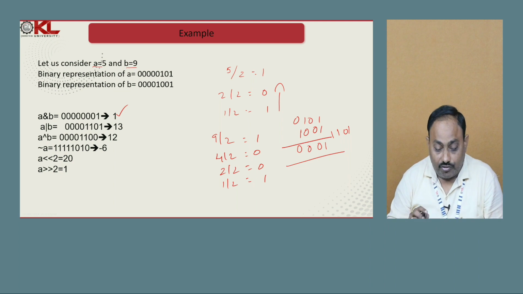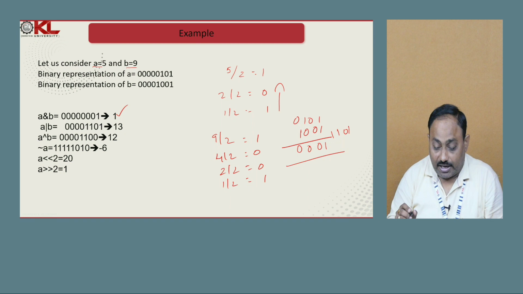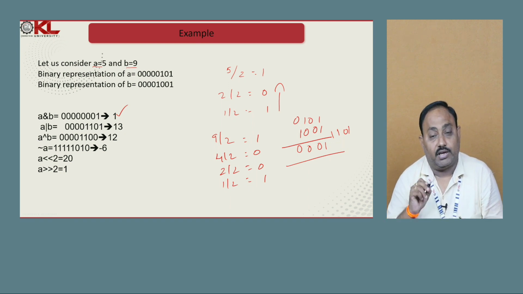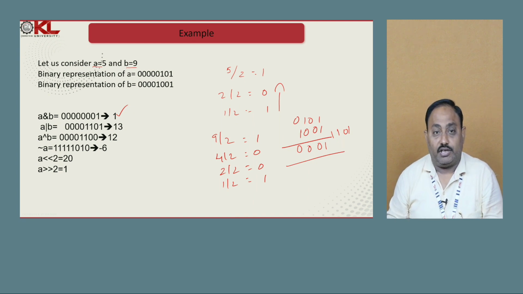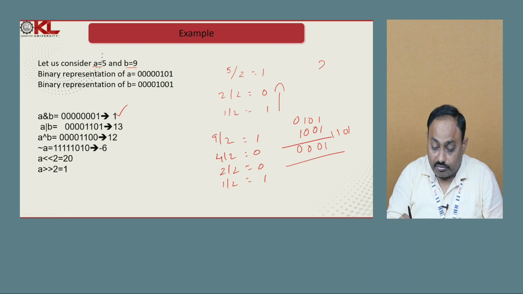Whenever you want to perform bit level manipulation, the first thing is we need to represent the data in binary format. You know that binary format is nothing but representing the data in terms of zeros and ones, and binary format is also known as base 2 numbers.